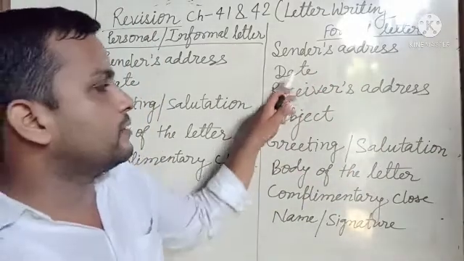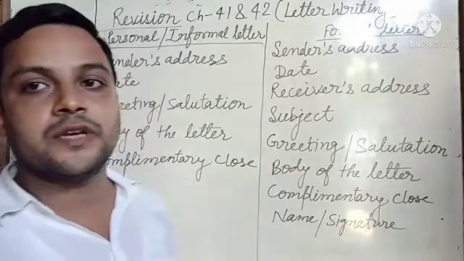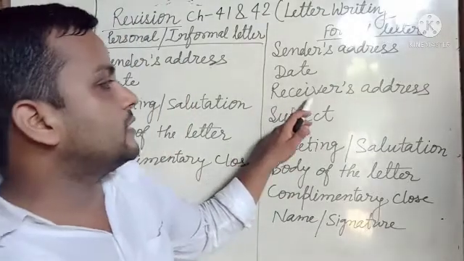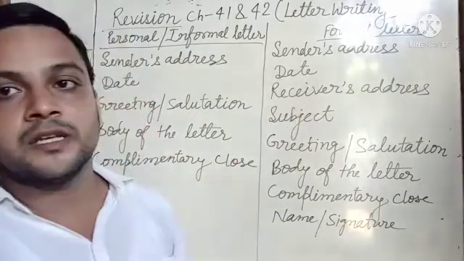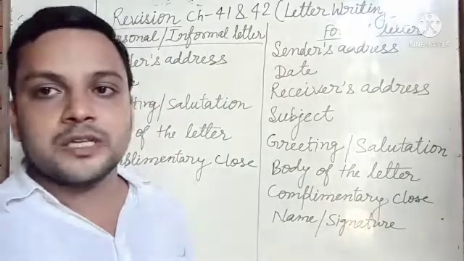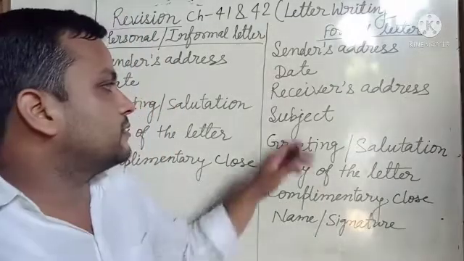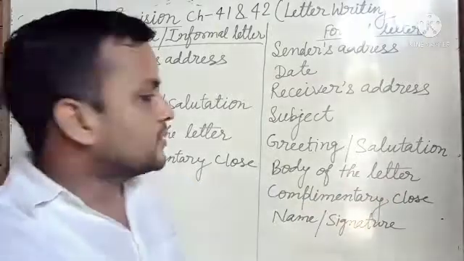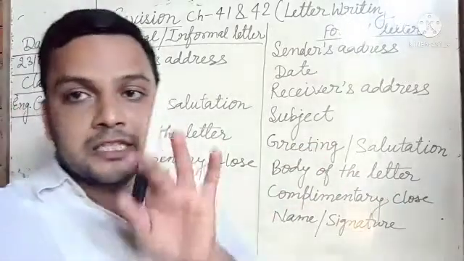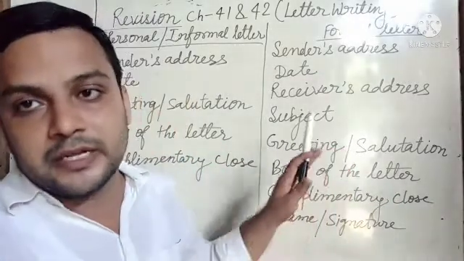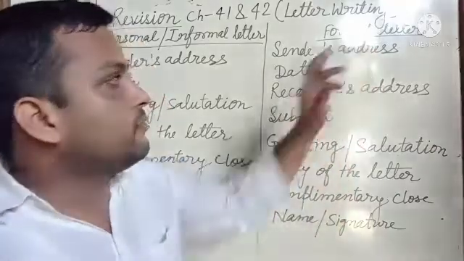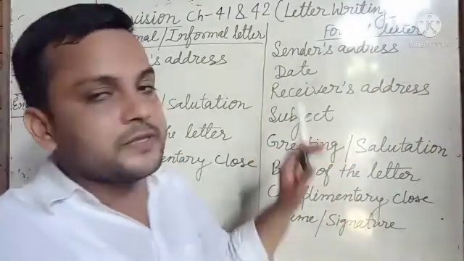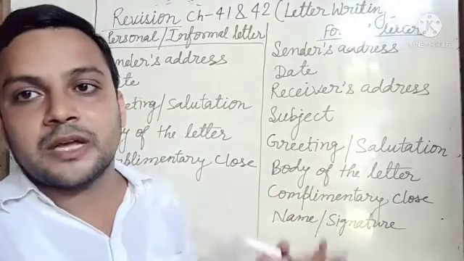Then below it we write the date. Then we write the receiver's address, the address of the person to whom we are writing the letter. Then we write the subject. Students, the subject is not given in your book, but it is compulsory to write the subject in formal letters. We write about what subject we are writing the letter.